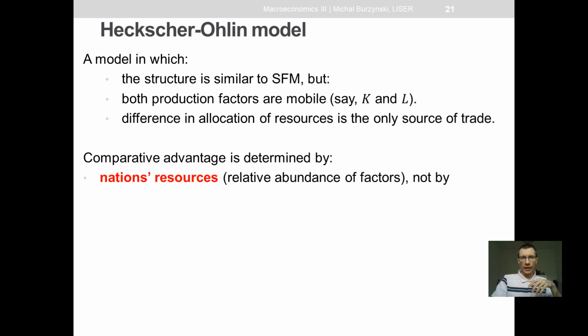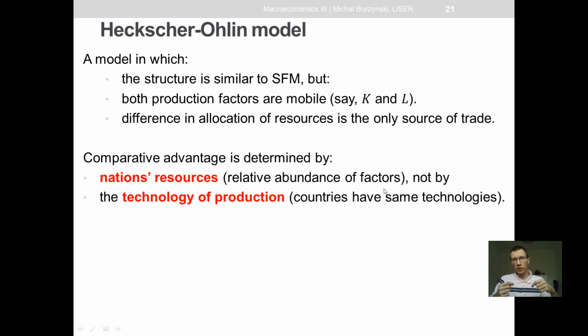So once again, in this type of trade model, we will have trade which is motivated by comparative advantage. But the comparative advantage between countries is now determined by nations' resources or the allocation of those two factors of production across countries, relative abundance or relative scarcity of factors, not by the technology of production.